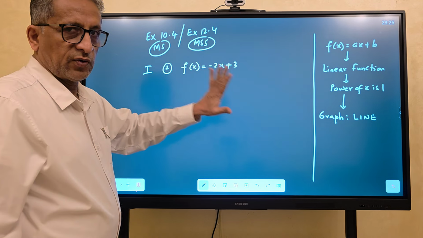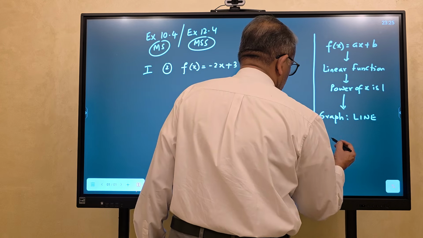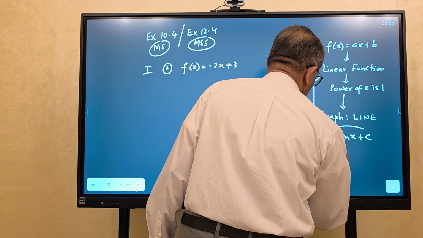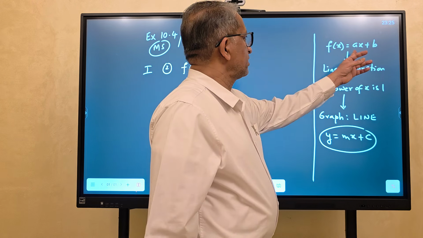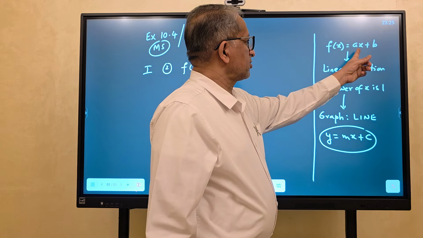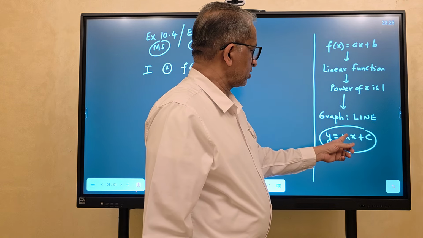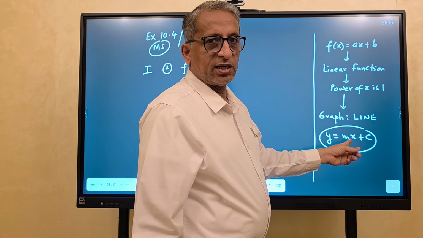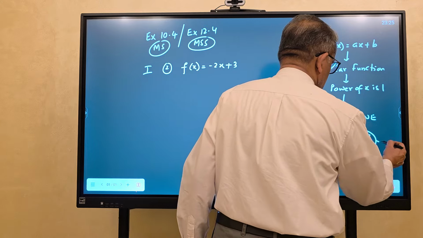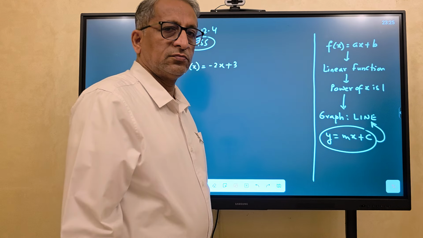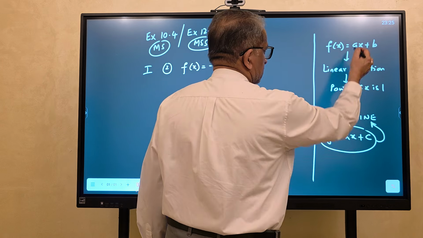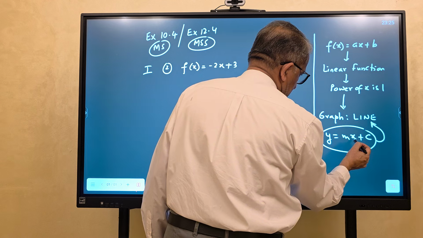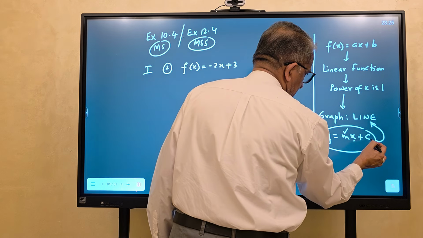Moreover, whenever I write mx plus c, this and this are the same, because this is also a linear function. If I draw its graph, it is a line, and this is the equation of the line. If I compare this exactly, with x there is m and there is c.